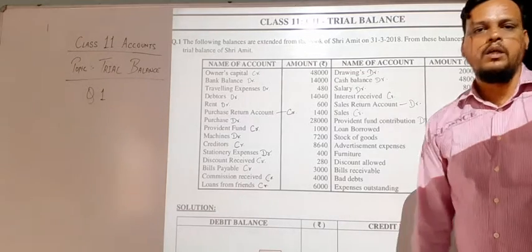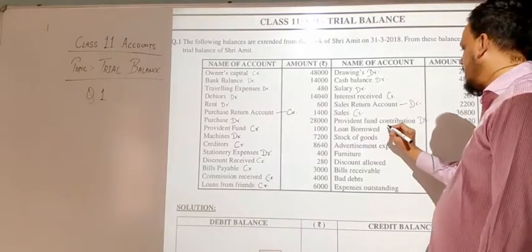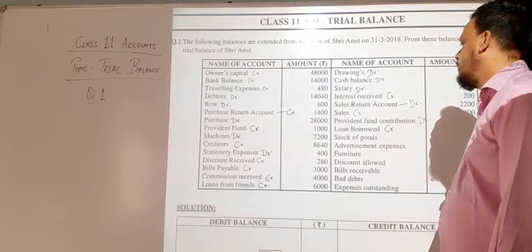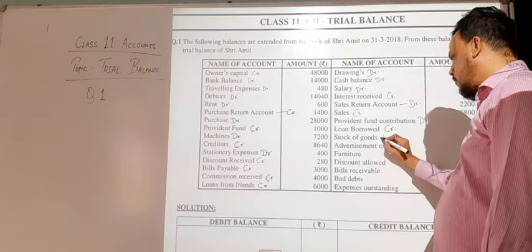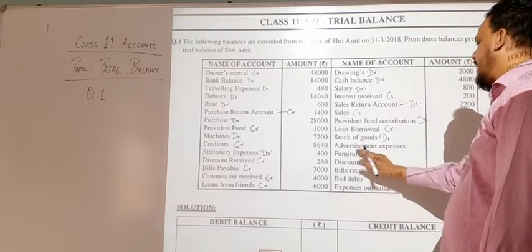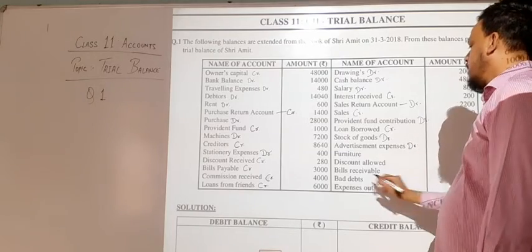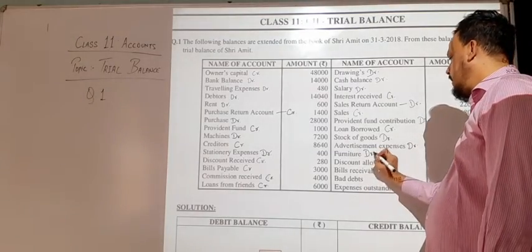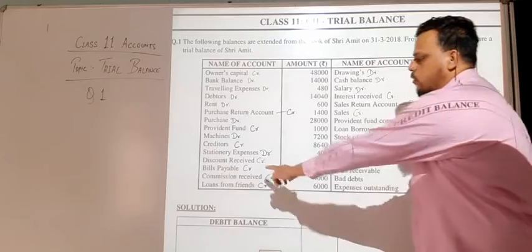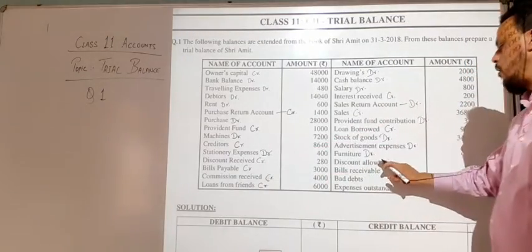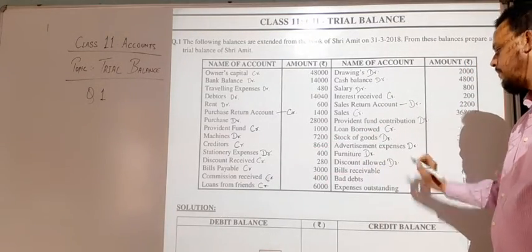Loans borrowing is nothing but a credit concept. Stock of goods is debit. Advertisement expenses, debit. Furniture, debit. I already told you discount received means credit, but discount allowed is debit.